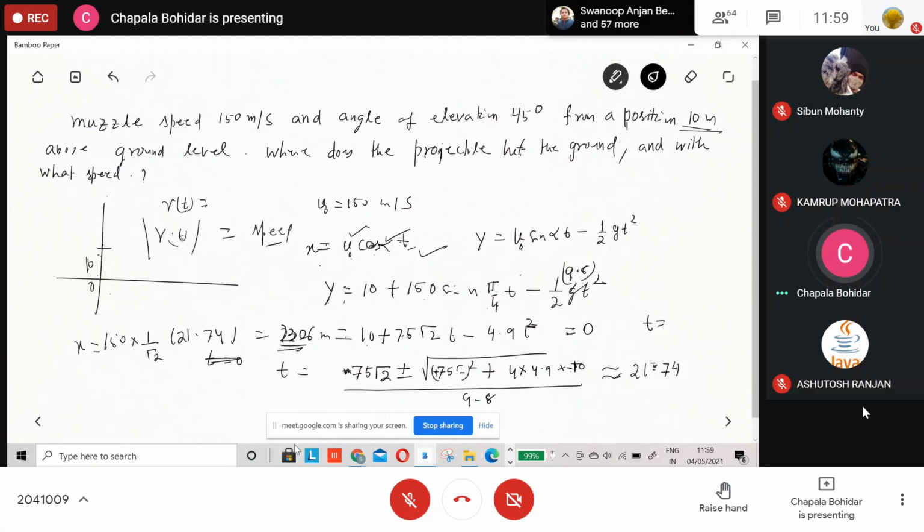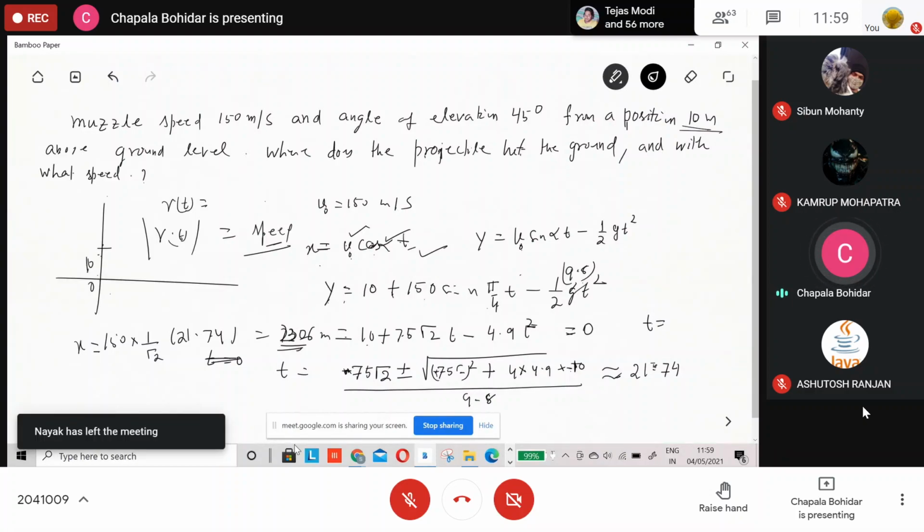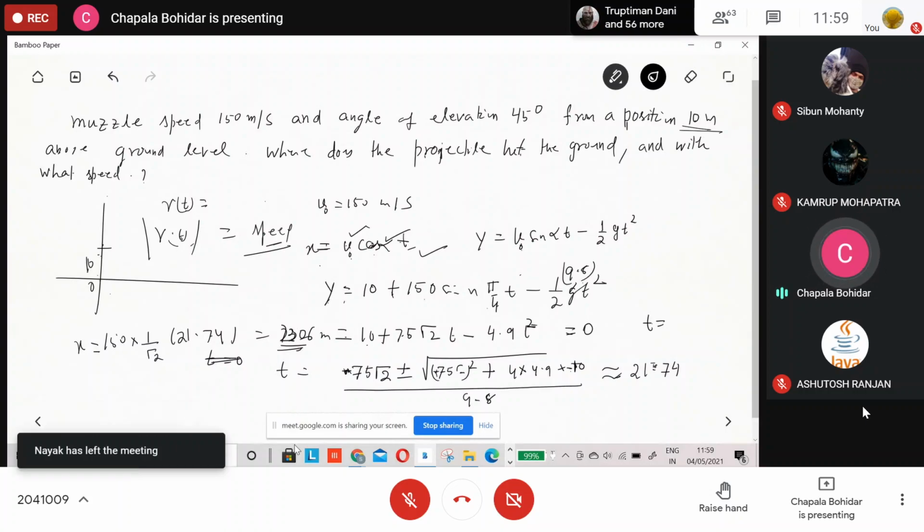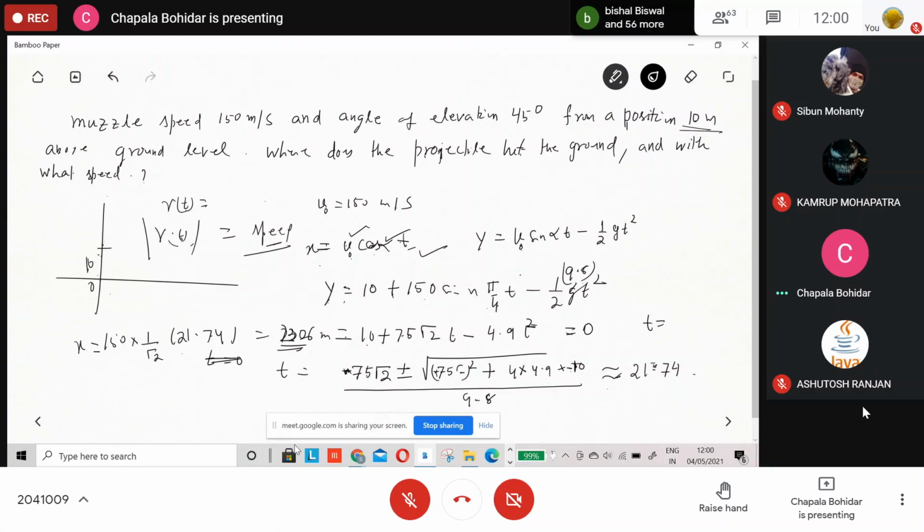Find out that one. That value is present in your book also. You can find out that value yourself. The value of t here is 21.74. You have to put the value of t as 21.74 and find out your value rt, r dash t, then absolute value of r dash t at 21.7.